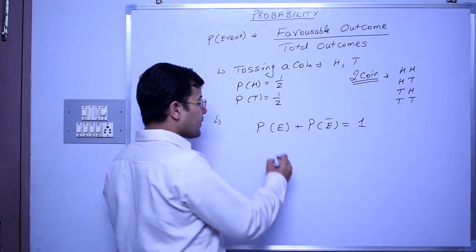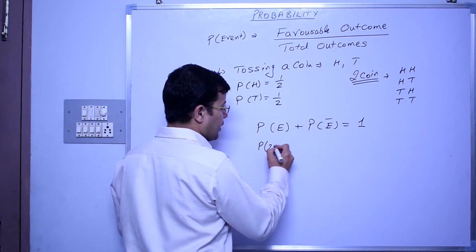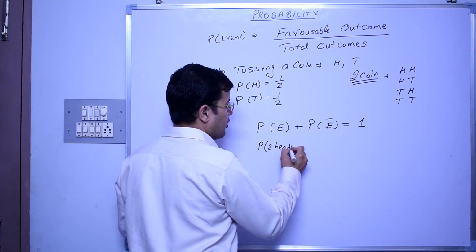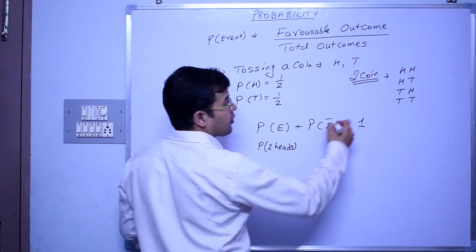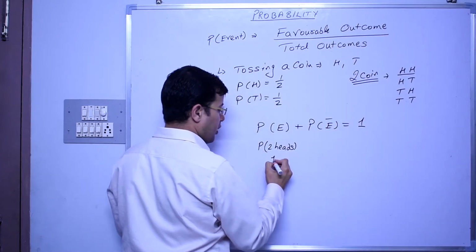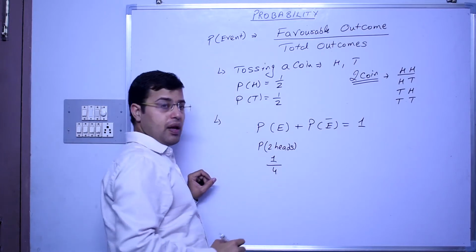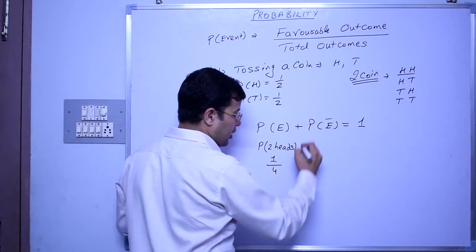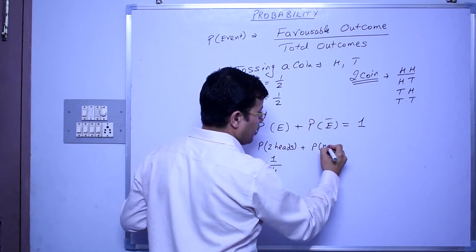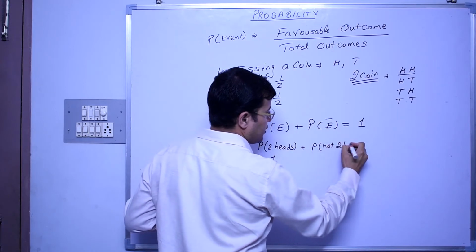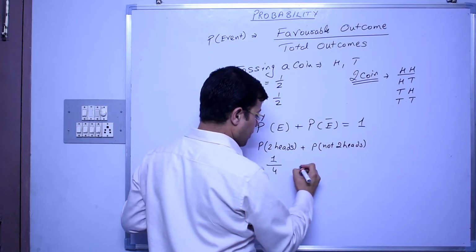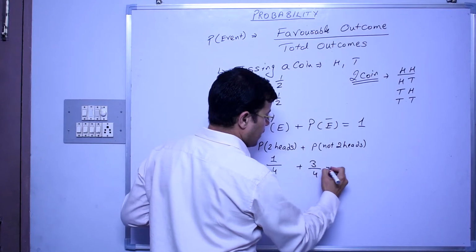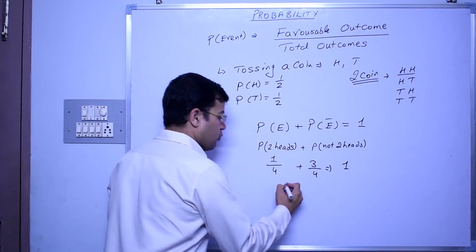The event was getting two heads. The probability of getting two heads is 1 divided by 4. And the probability of not getting two heads should be 3 by 4. Now is the sum equal to 1?